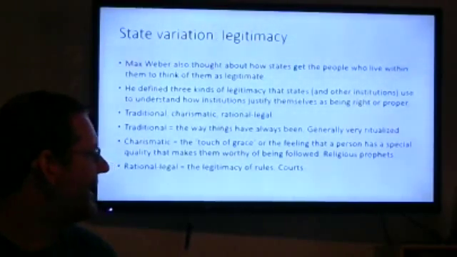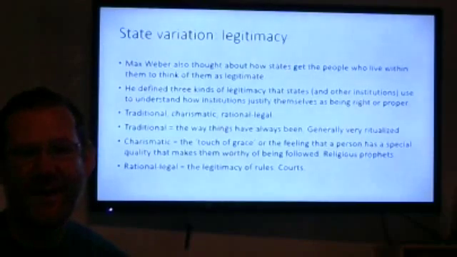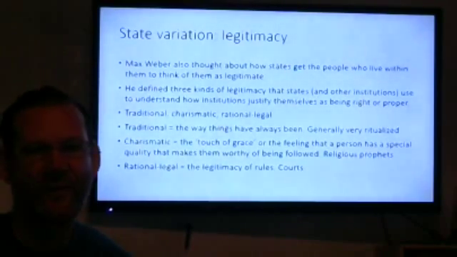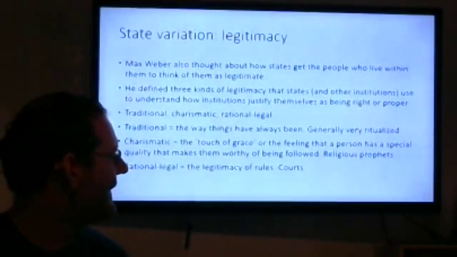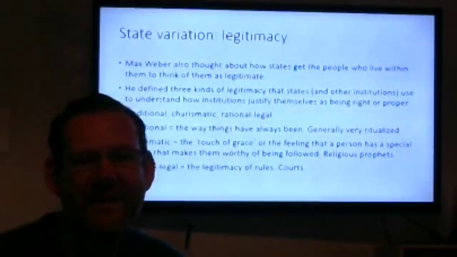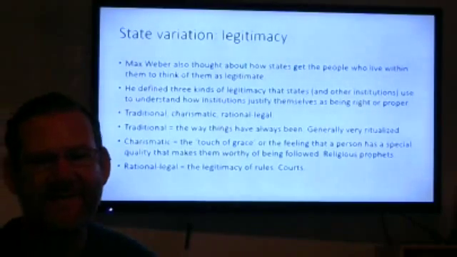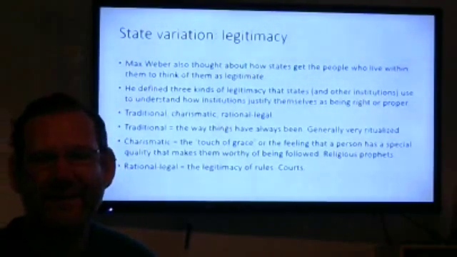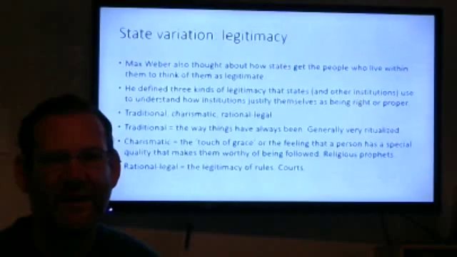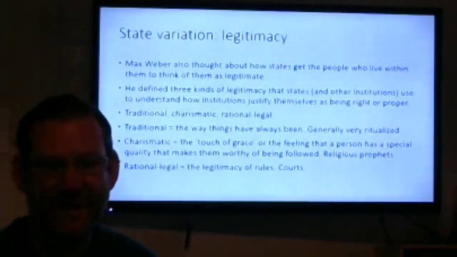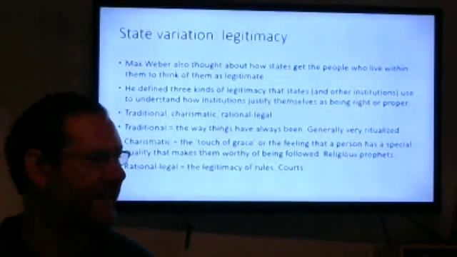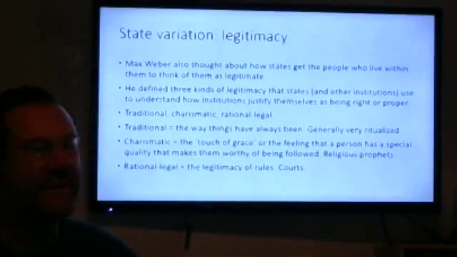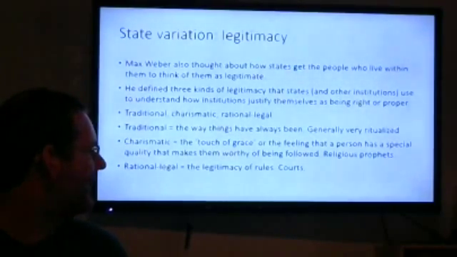And he is thinking very specifically here about a religious orientation. But the gift of grace is the feeling that a person has a special quality that makes them worthy of being followed. Okay, we might even say great sports stars have charisma. So do movie stars, politicians, right? Charisma, it's that special something that really makes you want to do what somebody says. And then also religious prophets.